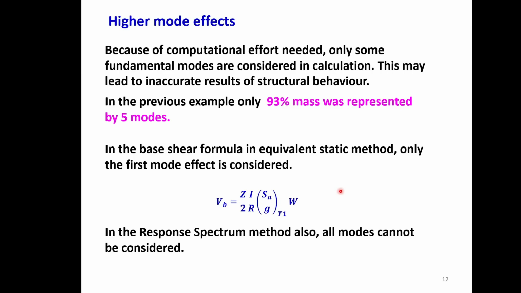So I cannot take everything together, so there is a limit. I can take say 10, 12 or like that, depending on the accuracy I want. So in either method, the equivalent static method or response spectrum method, we cannot consider all the modes of the system. So some effects of the higher modes will be left out.